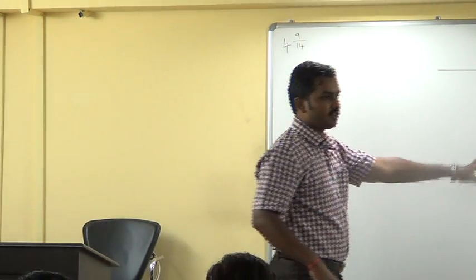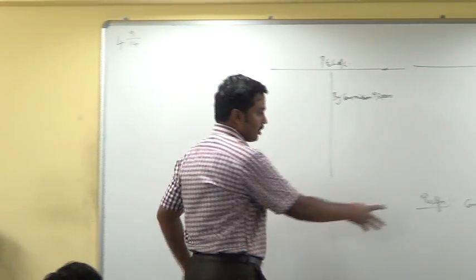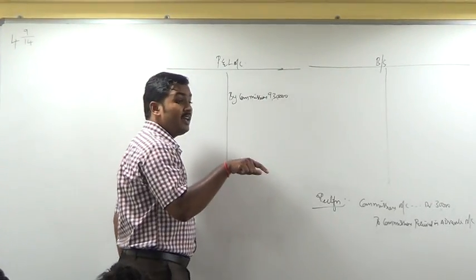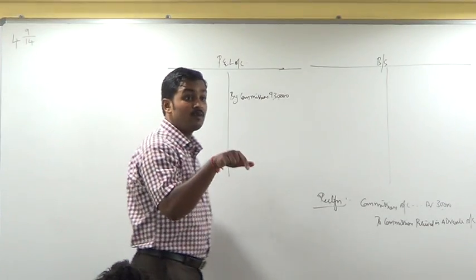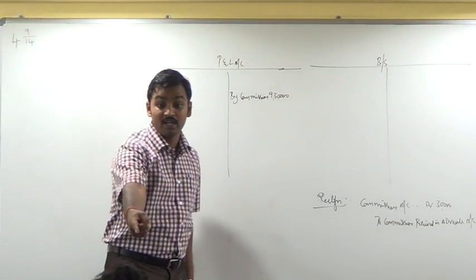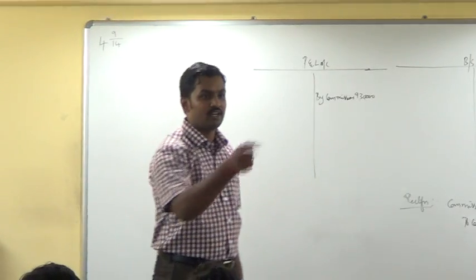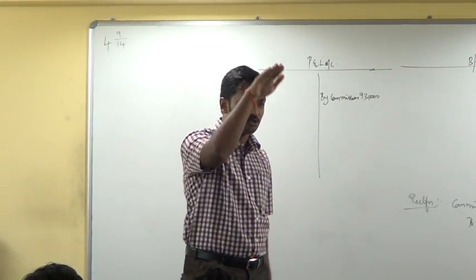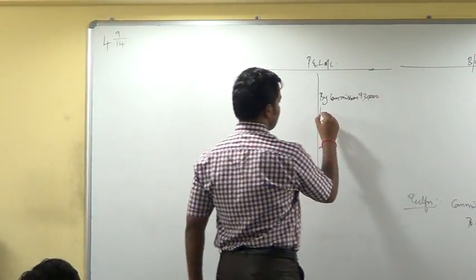Now we have to give the impact of this entry in your final accounts. Because of this entry, commission account will be debited. It's already showing a credit balance in the trial balance. If that account has to be debited, that means the balance has to be reduced.